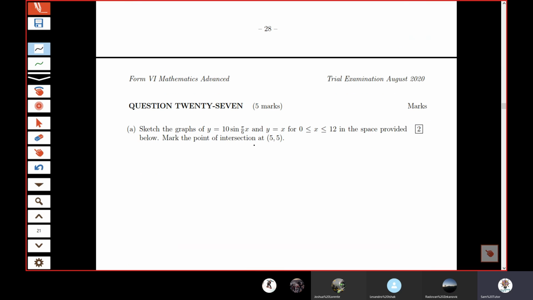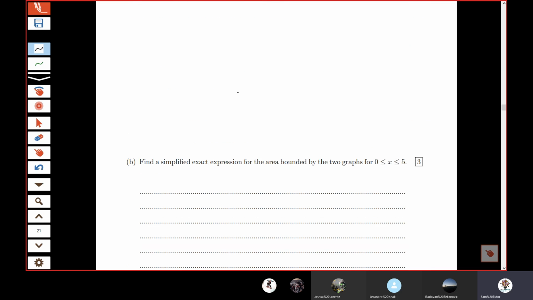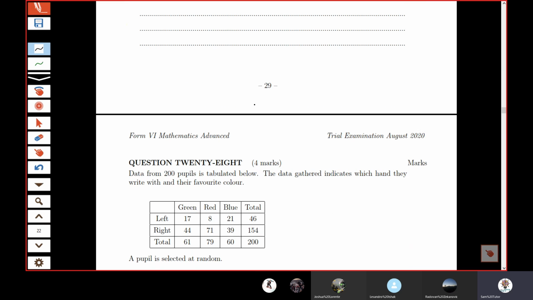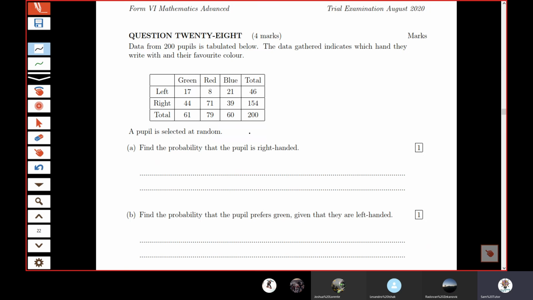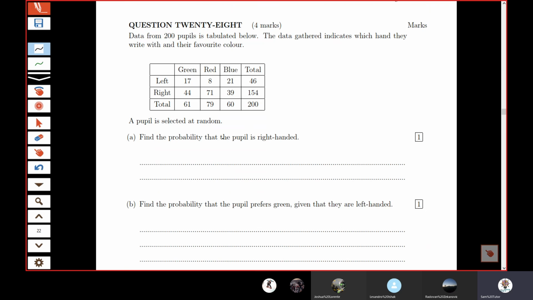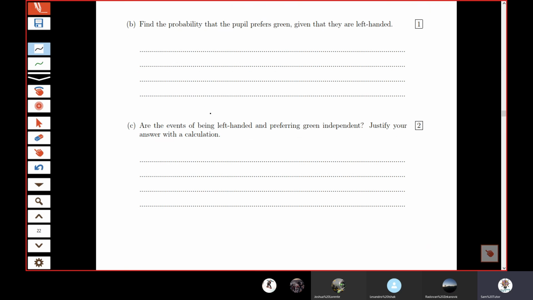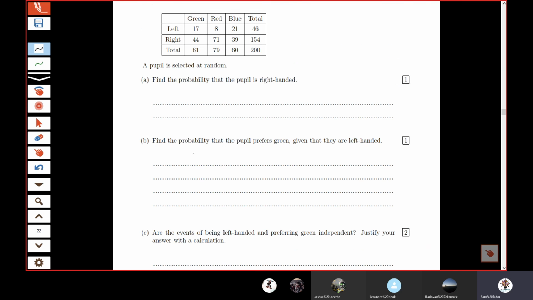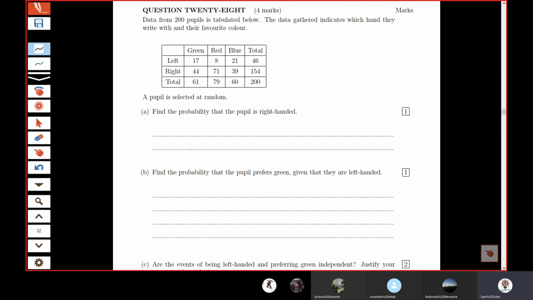Sketch the graph of, no, I don't think that's more for, find the simplified exact expression of the area. What's next? Find the probability. Yeah, that could be. Are the events? Yep. Question 28.